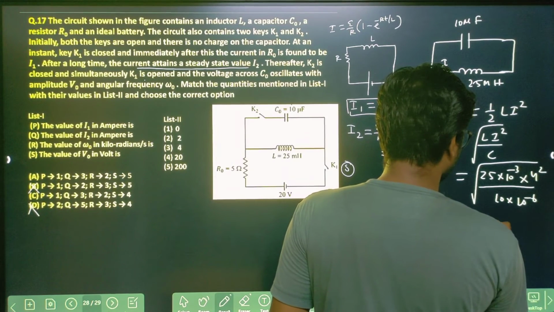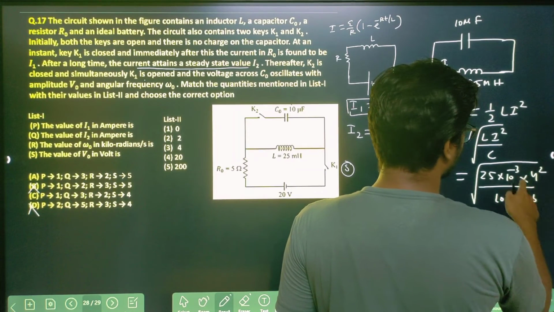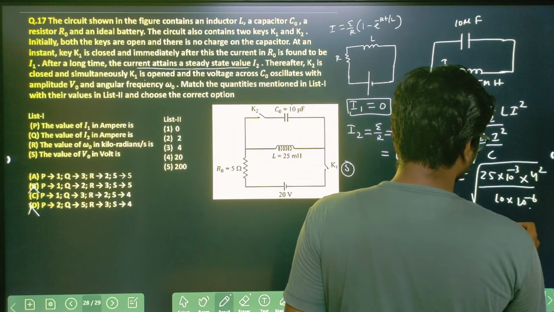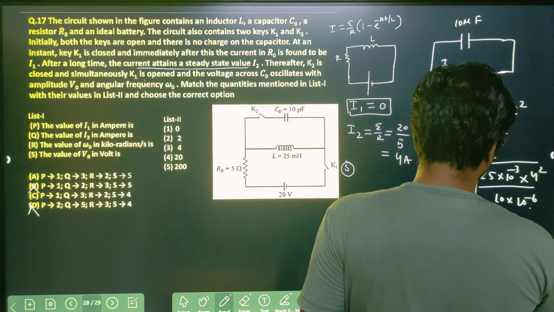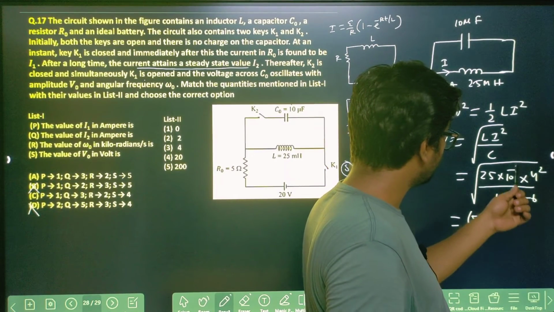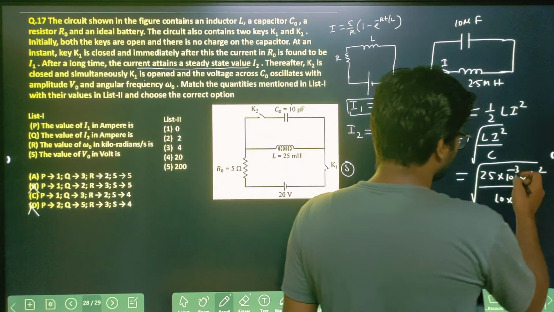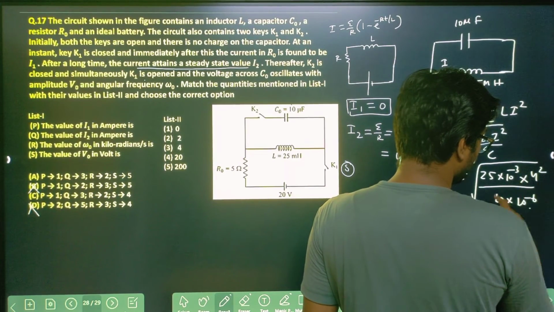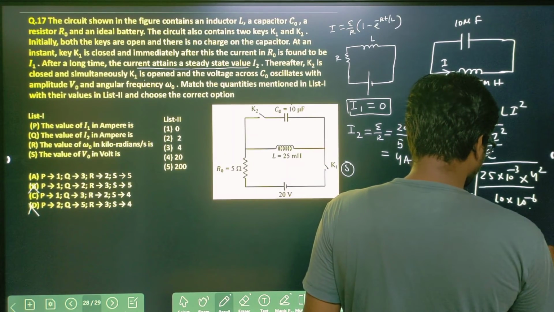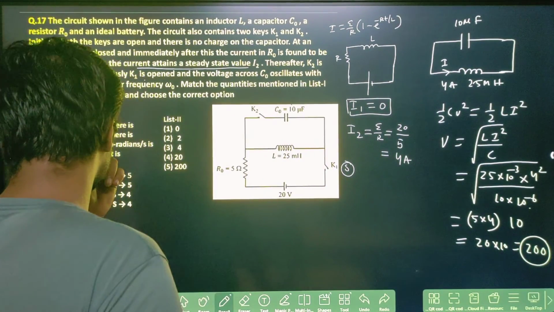So the 5 into 4 will come outside, and 10 to the power minus 5 will go up, this will be 10 to the power 2, because minus 3 will cancel out. So this will be 20 into 10, that will be 200. So V value is 200, right?